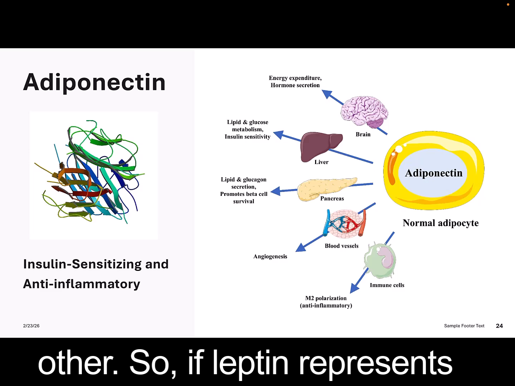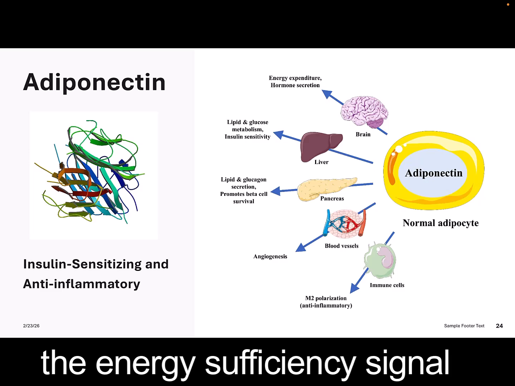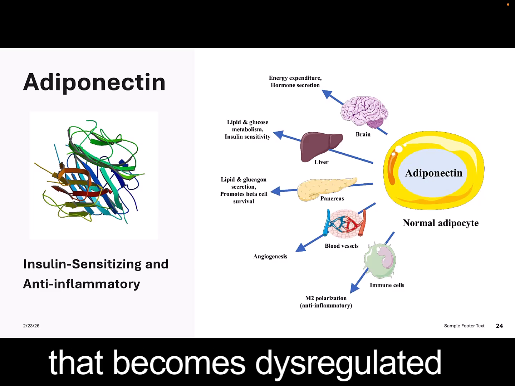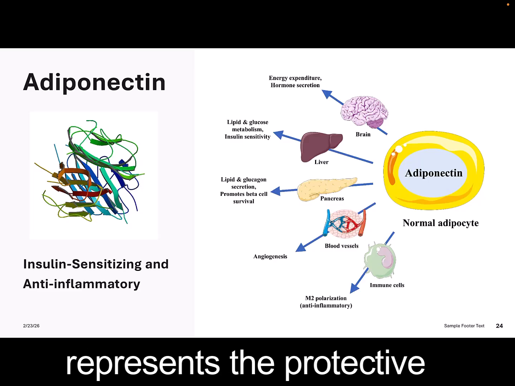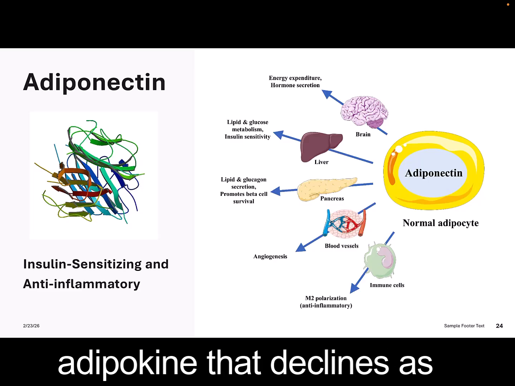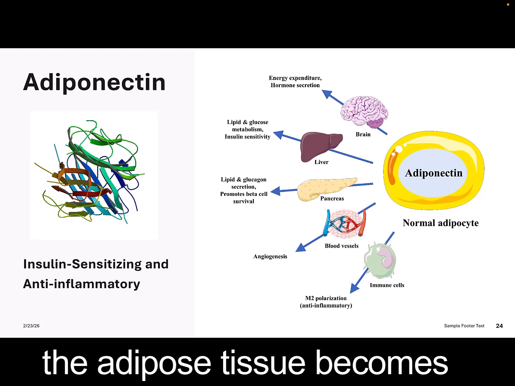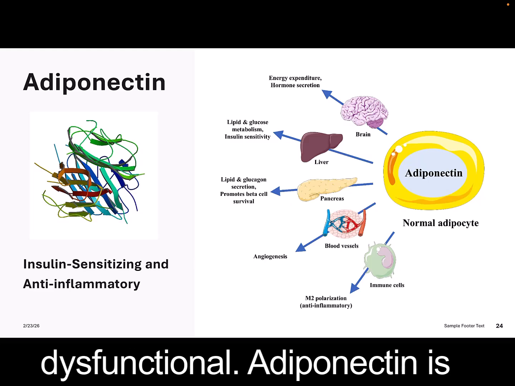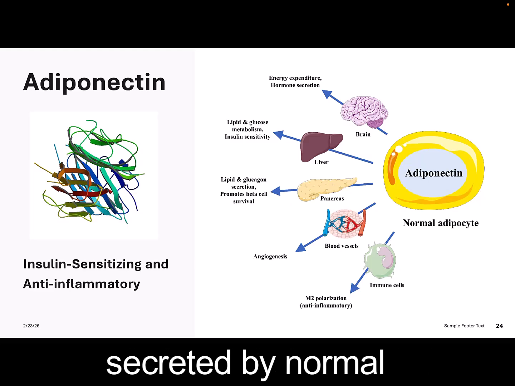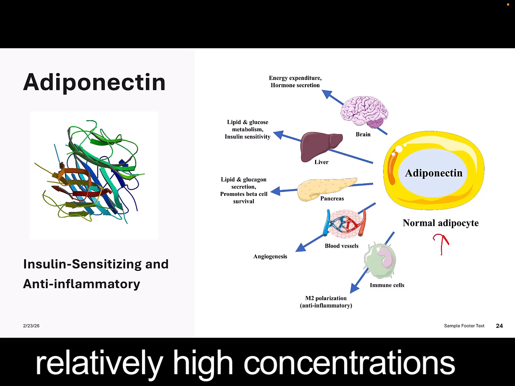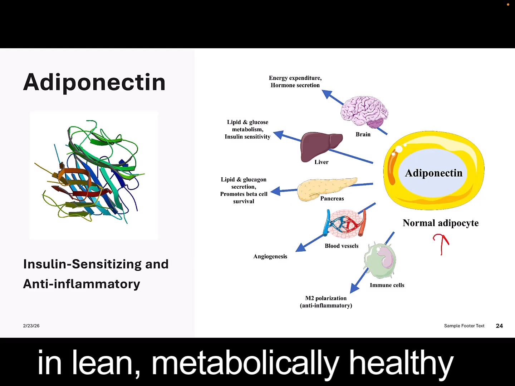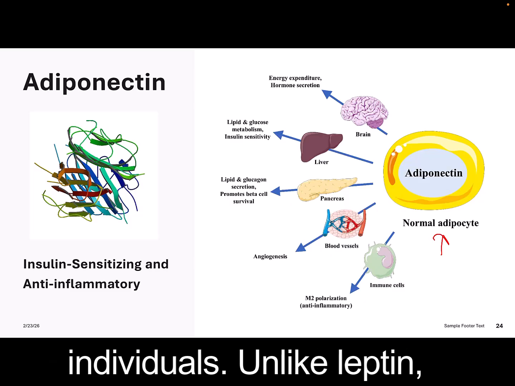So if leptin represents the energy sufficiency signal that becomes dysregulated in obesity, adiponectin represents the protective adipokine that declines as the adipose tissue becomes dysfunctional. Adiponectin is secreted by normal adipocytes and circulates in relatively high concentrations in lean, metabolically healthy individuals.